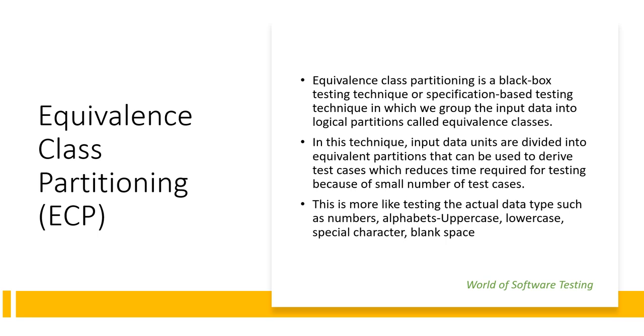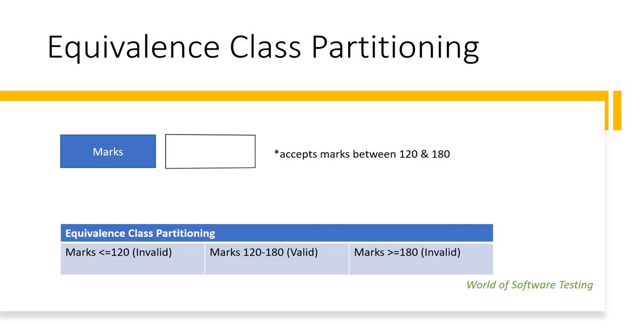So let's understand this with the help of an example of college admissions. Here we have a text box for the marks, which accepts marks between 120 and 180. Consider that the colleges will provide admissions to students based on the CET marks.